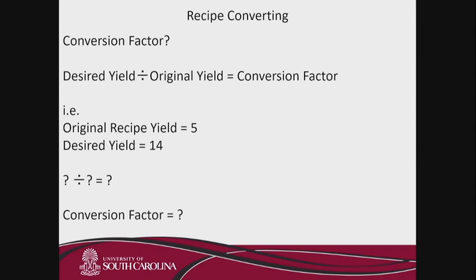All right, so the original recipe yield is 5. Our desired yield is 14. So it makes 5 right now. We want it to make 14. So desired yield 14 divided by original yield of 5 gives us a conversion factor of 2.8. Okay, 14 divided by 5, 2.8. Does that make sense?